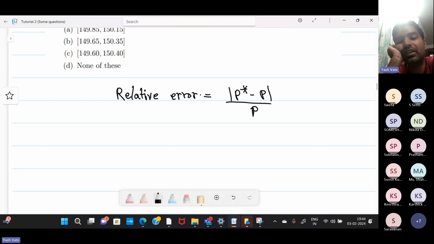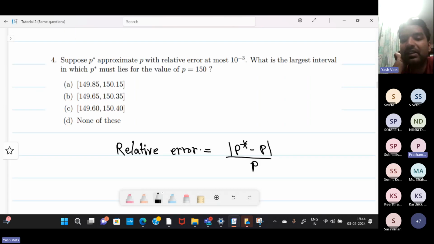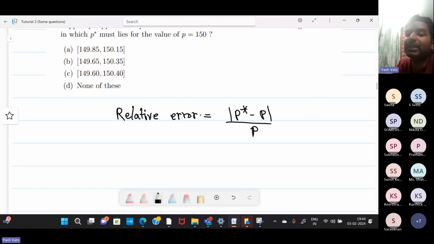So is this relative error? Here it is saying that P star is approximating P. P is a number. P star is also a number. P star approximating P, so this is the approximate value. P star is the approximated value, P is the actual value, divided by the actual value, the difference of the two.